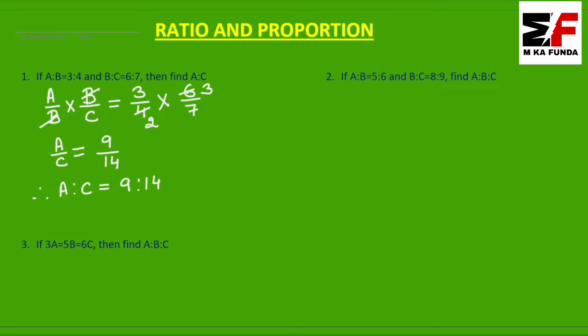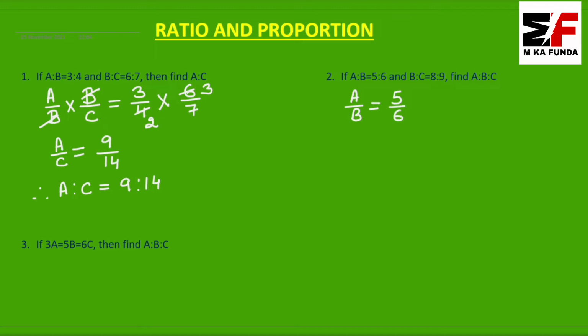Now we are coming to question number 2. Question number 2 says, if A is to B is equal to 5 is to 6 and B is to C is equal to 8 is to 9, then find A is to B is to C. So let us write same way, A upon B is equal to 5 upon 6.